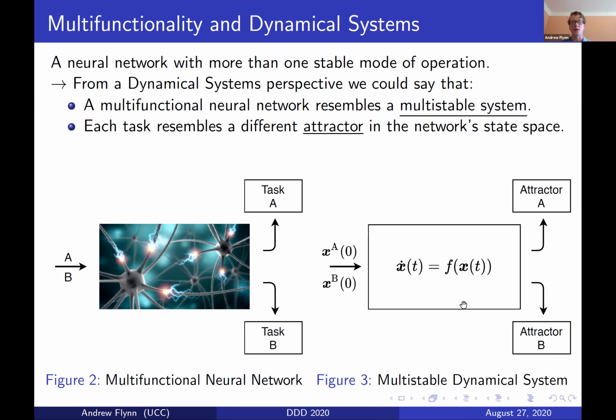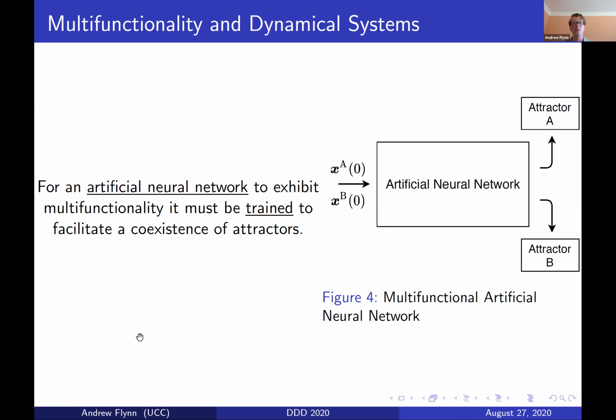And if I seed in an initial condition in the basin of attraction of attractor A, well, the system will evolve towards attractor A. If I change the input to be in the basin of attraction of attractor B, the system will evolve towards attractor B. So you can see the stark similarities between what a multi-stable dynamical system is and a multifunctional neural network. So therefore, for an artificial neural network to exhibit multifunctionality, it must be trained essentially to facilitate a coexistence of attractors. So this is what we want to achieve today.